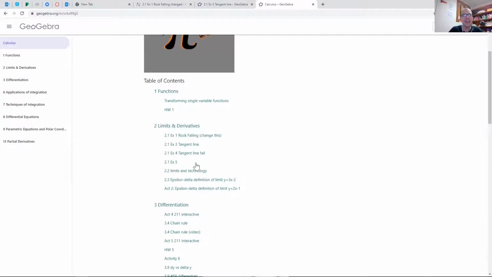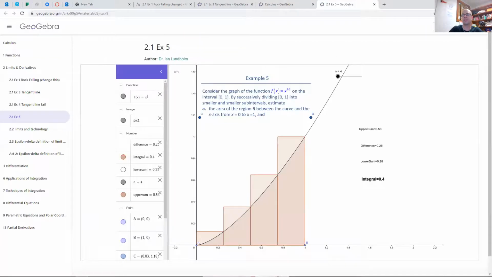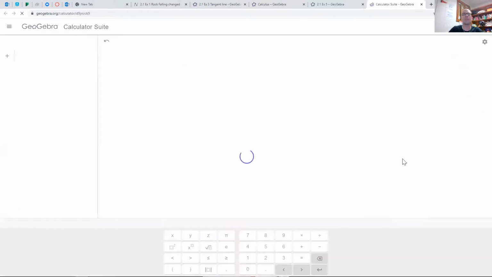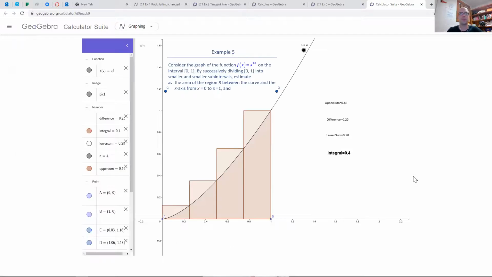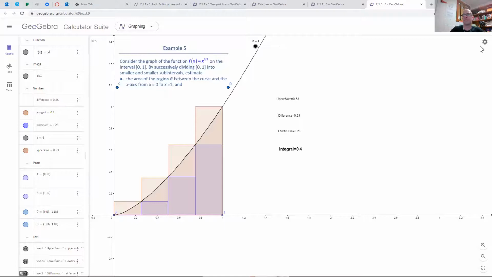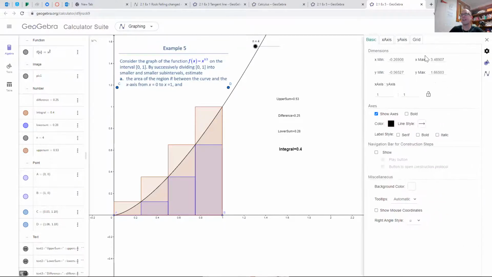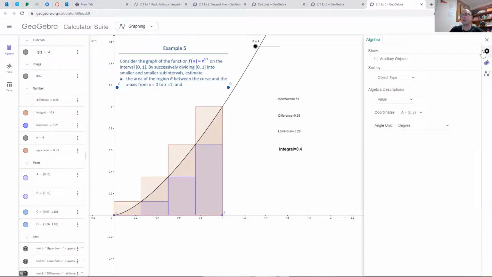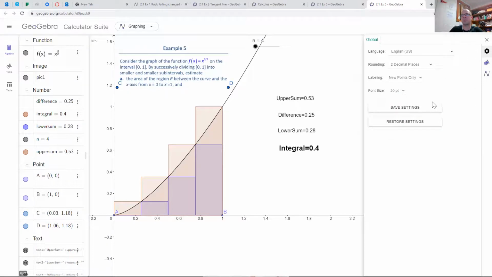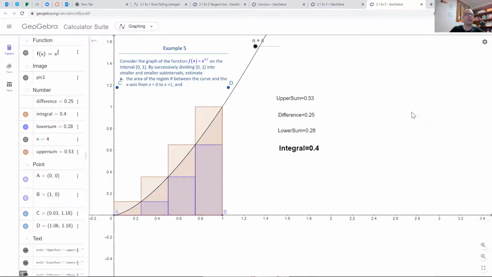And then tangent line fail. Okay, 2.1 example 5. Great. Let's go ahead and open this in the app so we get a little clearer picture. Gosh, and the text on this is tiny. Whoops. Okay. Let's blow that up to 20. Sounds good. Okay.